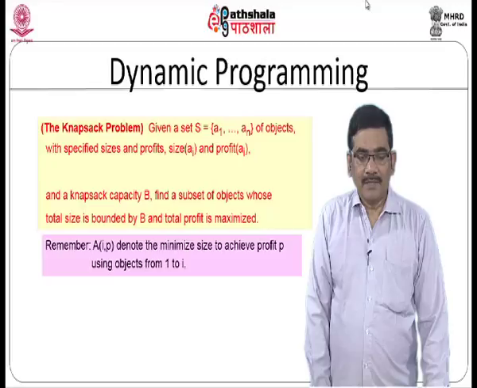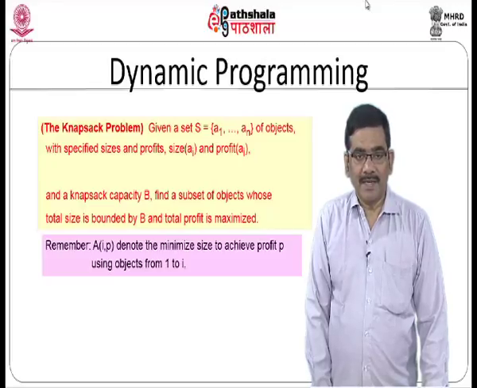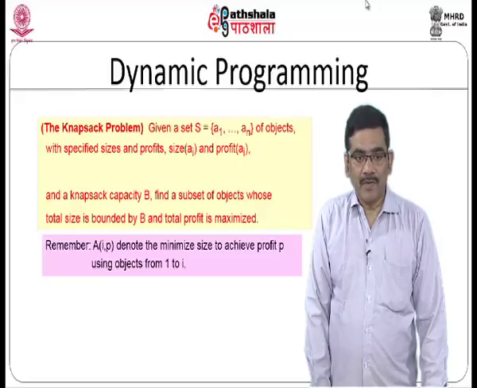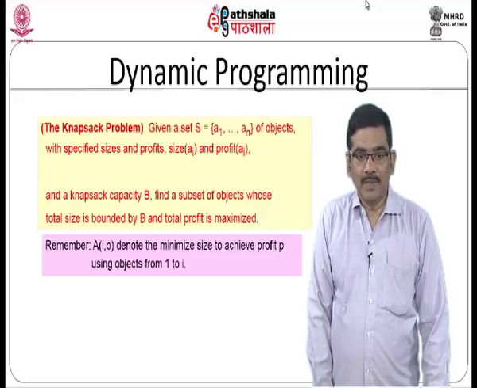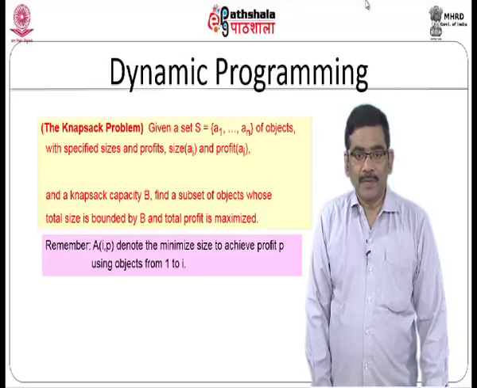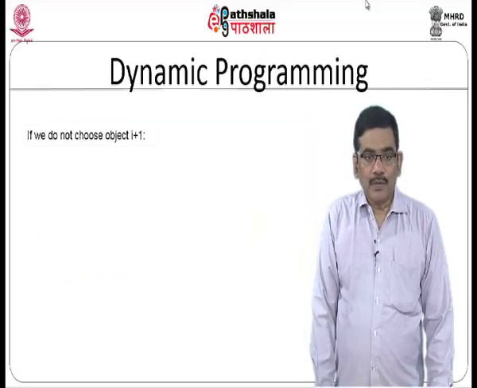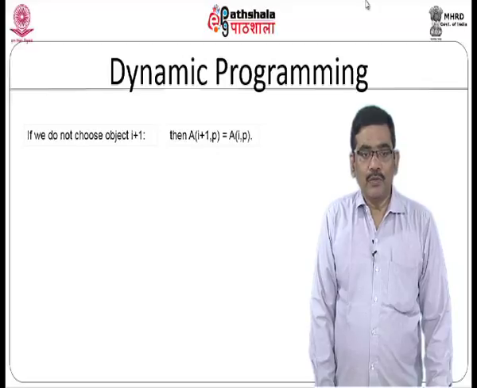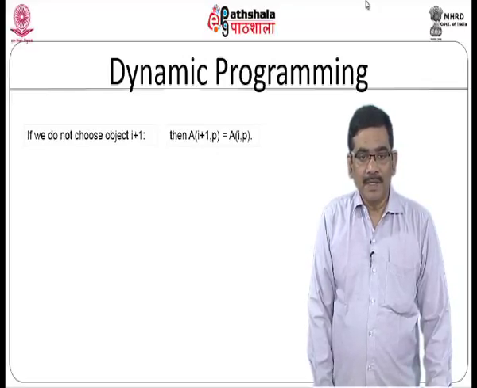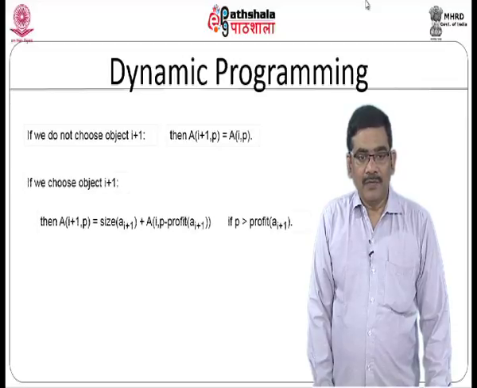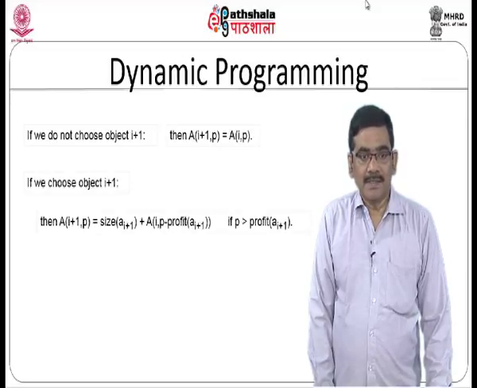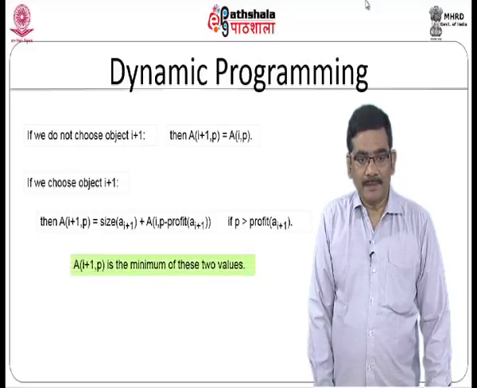Remember, in the earlier version we tried to solve this problem by designing various recursive equations. So, A of I comma P denotes the minimum size to achieve profit P using the objects from 1 to I. If we do not choose the object I plus 1, then this is the condition, and if we choose it, then this is the constraint.